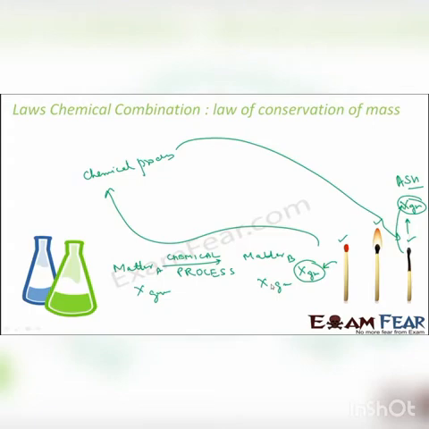You first measure the quantity of the reactant, react it in a closed beaker so that things are not lost, and then you measure the weight of the product. The weight of the product and the weight of the reactant will always be same. You can try this. You can take water and sodium, react it. You can take water and calcium, react it. You just measure the weight of the reactant and the weight of the final product. It will always be same.